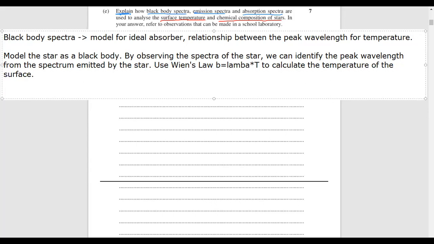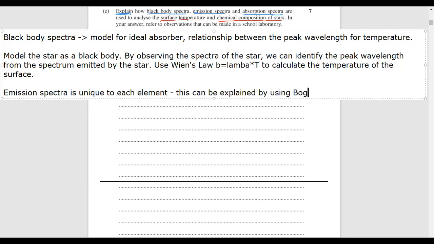Now, we also need to talk about emission and absorption spectrum in terms of chemical composition of stars. So we understand that the emission spectrum is unique to each element. This can be explained by using Bohr's model. So for 7 marks, you do a little bit of explanation of emission spectra, and then you relate to absorption spectra in a moment.